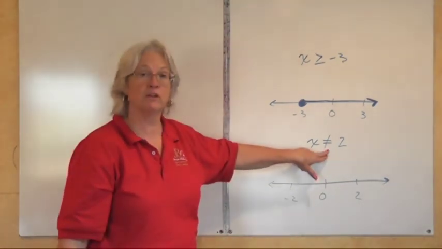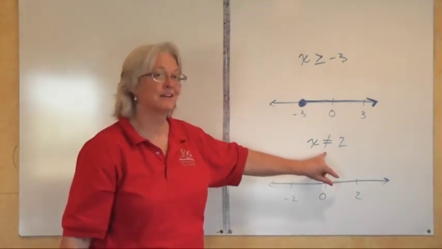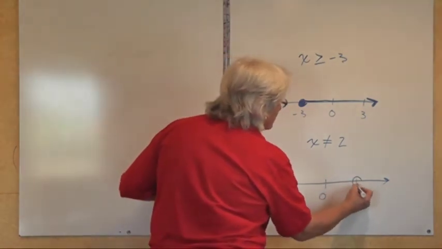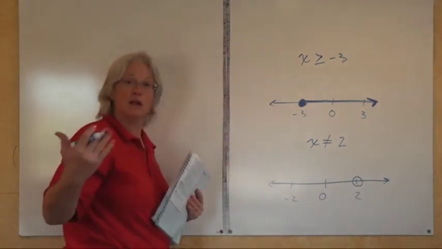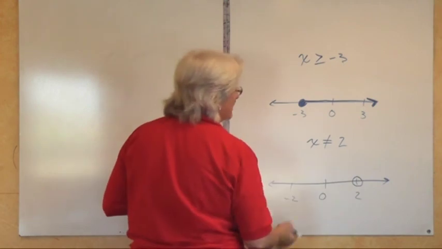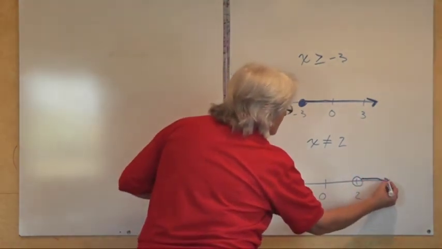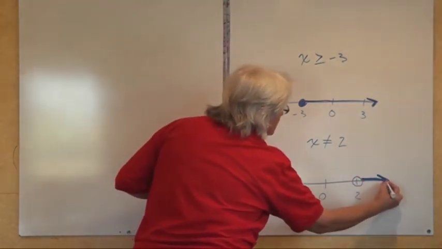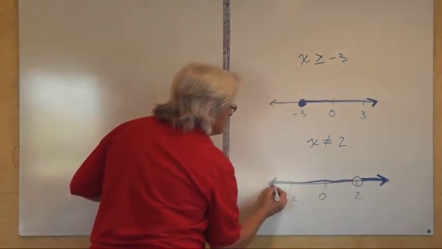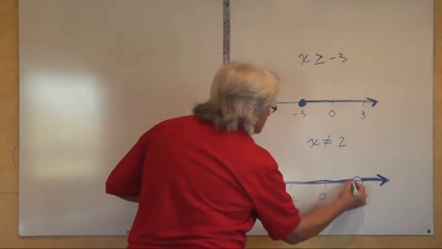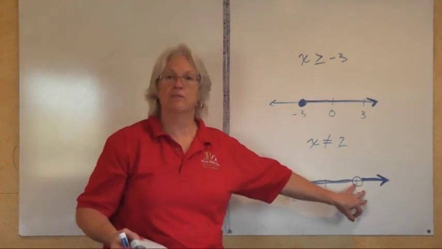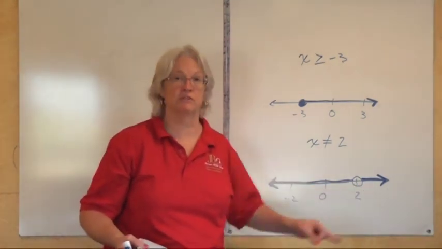Now what does our statement here tell us? It tells us that x cannot be equal to 2. So there's going to be an open circle around the 2. But that's the only qualifier that we have in this statement. So if x cannot be equal to 2, it can be equal to everything else. So the entire number line is shaded with the exception of the location for a positive 2.